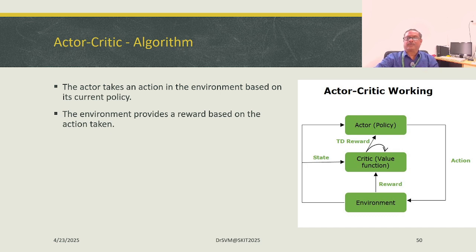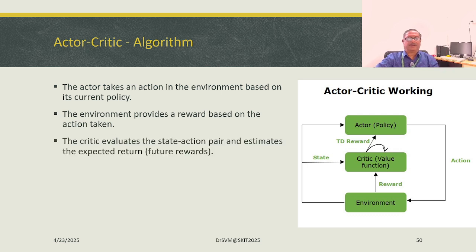So for the given action, some change in the environment, and because of that, there is some reward. Now this reward, as well as the state-action pair, is studied by the critic, and it evaluates and estimates the expected return, or in future what the rewards could be.